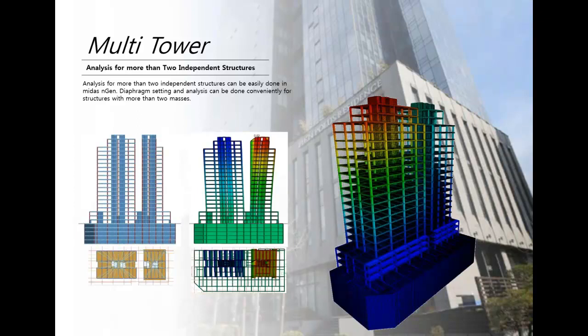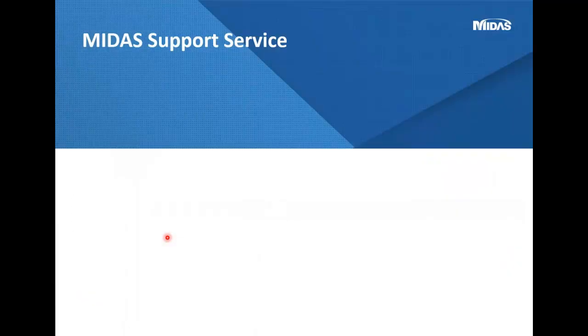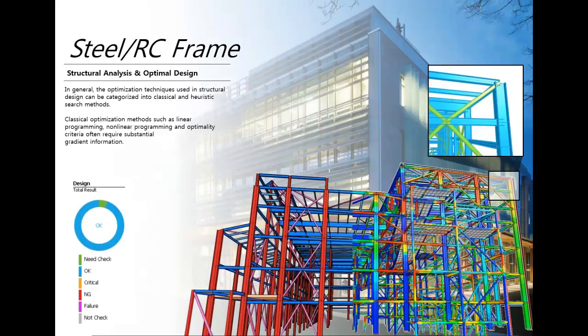Last but not the least, we have steel and RC frames that can be analyzed and designed in an optimal way in MIDAS nGen. We shall be looking today at a steel structure. So let's go ahead now to the demonstration part in MIDAS nGen.